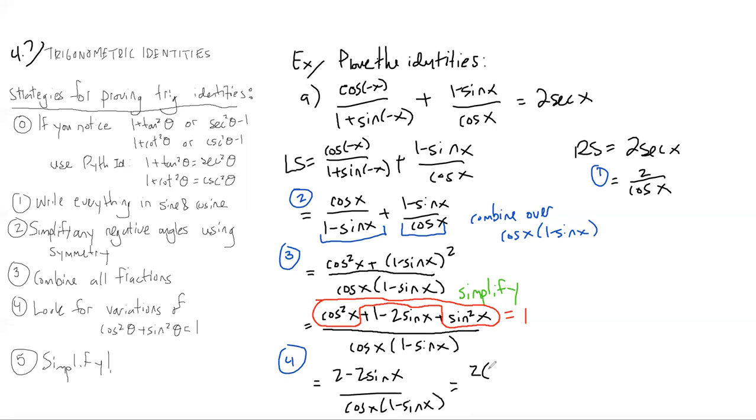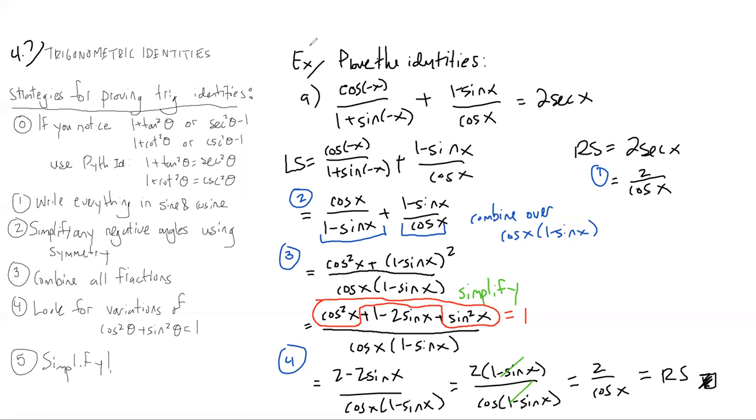Usually when we have rationals, we want things factored over cos x 1 minus sine x. I've got some cancellation there. The 1 minus sine x cancels, and what I'm left with is 2 over cos x, which is my right side. So that is how we would prove this particular identity.